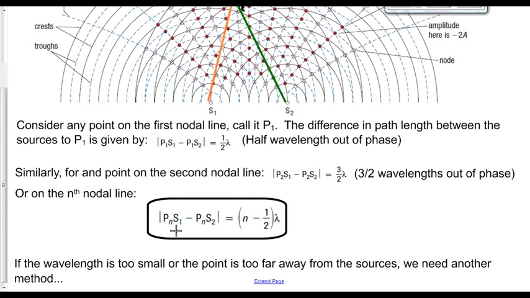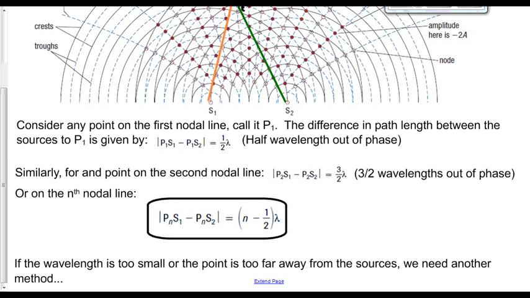So we're going to call Pn, P being a point on the nth nodal line, and S1, S2 just being the distance from S1, source 1, and source 2, is given by this expression. So this is a fantastic expression. It tells me what wavelength I need to get the nodal line there, or if I have the nodal line there, what wavelength would it require?